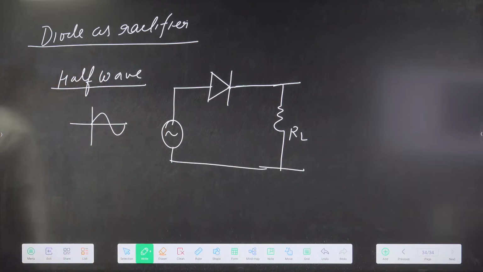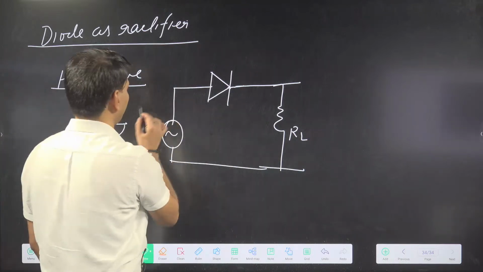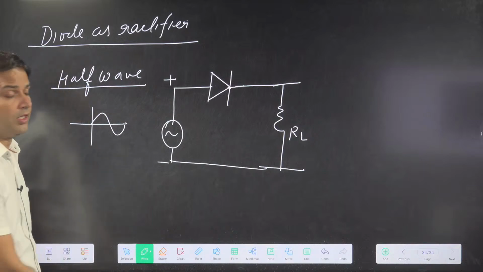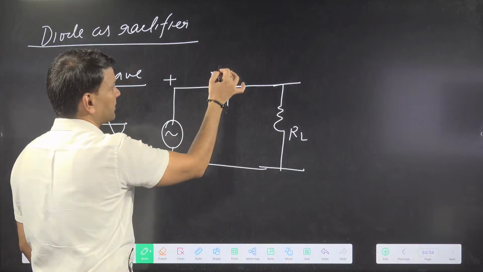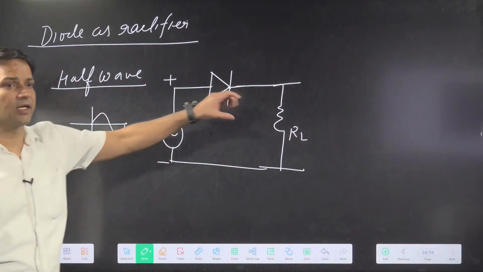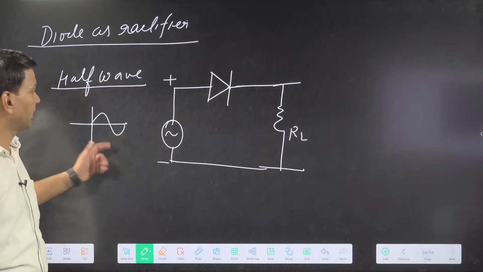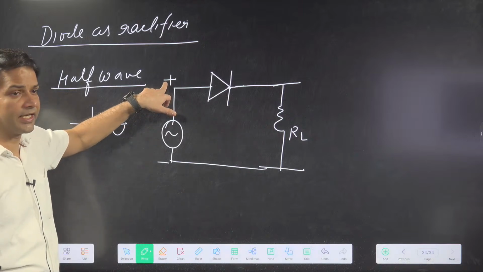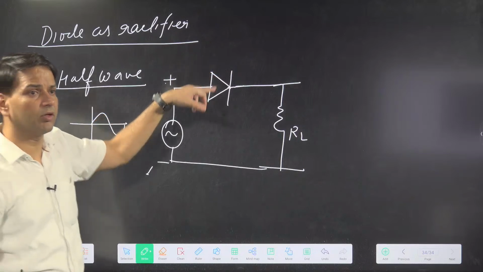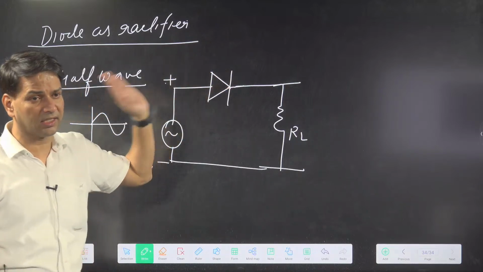Okay, sinusoidal, suppose you are applying. For the positive cycle, this will be positive and this will be negative. For the positive cycle, this diode will be in the forward bias, so it will conduct the current through the load. So for the positive cycle we will get current through the load. For the negative cycle, what will happen? This will be negative, this will be positive. Then it will be in the reverse bias. It will not conduct the current.